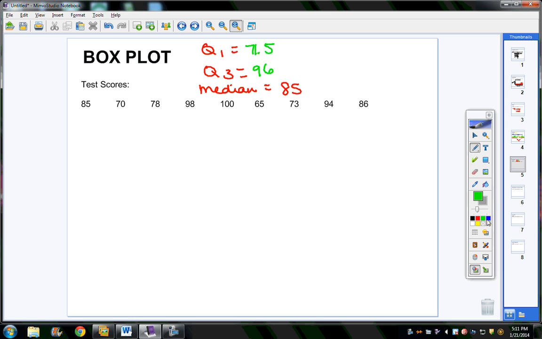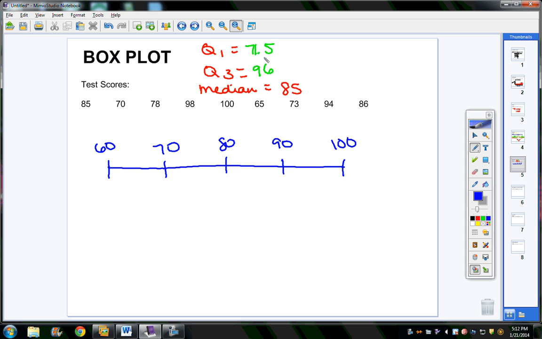So when you're making your box and whisker plot, you're going to have a number line, and hopefully yours looks a little bit nicer than mine does. We'll start with 60, and then we've got 70, 80, 90, and then we've got 100 here. Quartile 1 is 71.5. Quartile 3 is 96.